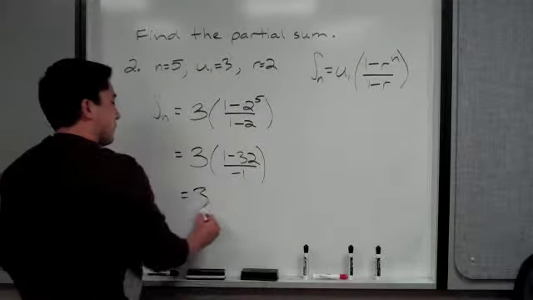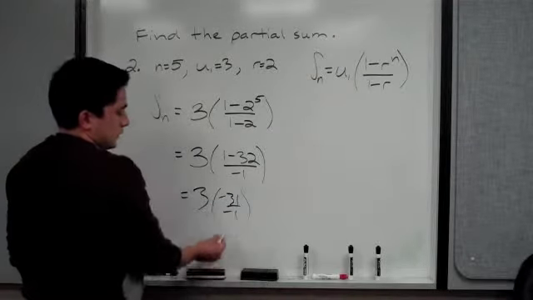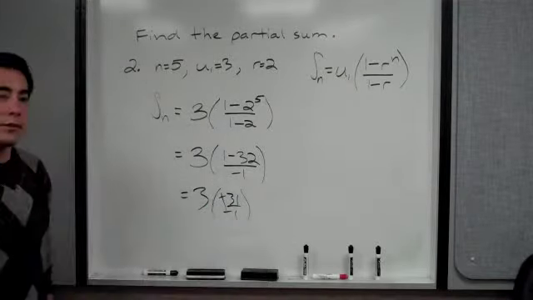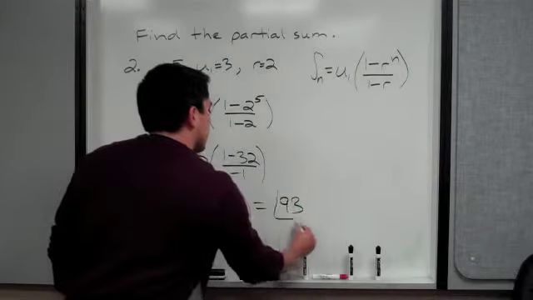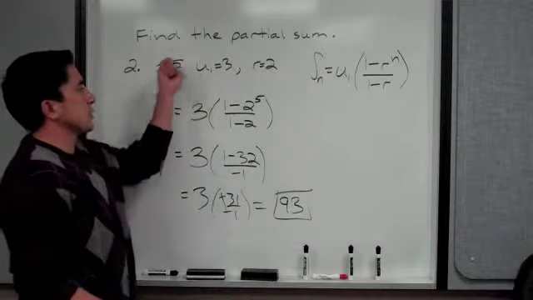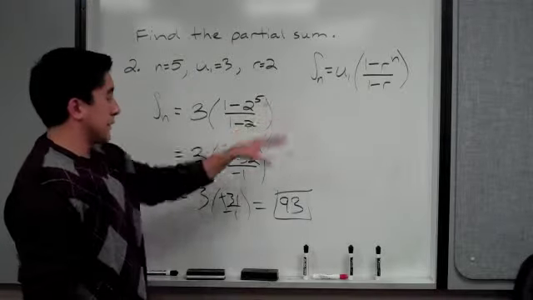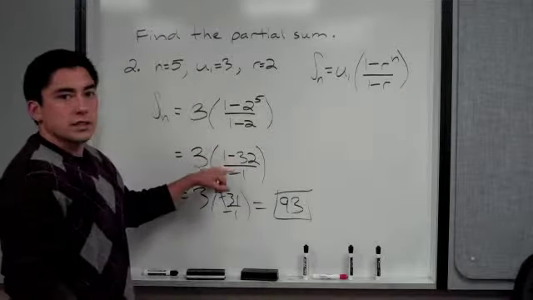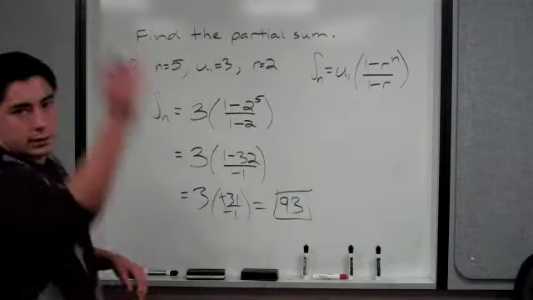So easy math here: negative 31 over negative 1, the negatives cancel out. So 3 times 31 is 93. That is how you find your sum if you're given the number of terms, u sub 1 and r. Just plug exactly into that formula, reduce the fraction, and multiply, and there you have it, 93. Good luck with that.